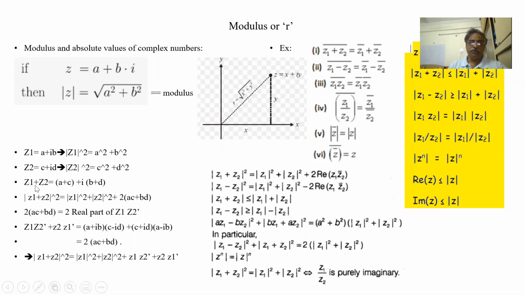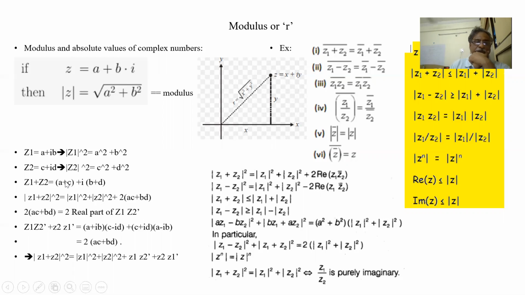Z1, let us say A plus iB. Z2 is C plus iD. So Z1 plus Z2 is this one, and I am putting mod of this. What is mod of this? Mod of Z1 plus Z2 whole square is equal to Z1 square plus Z2 square plus 2 into AC plus BD.